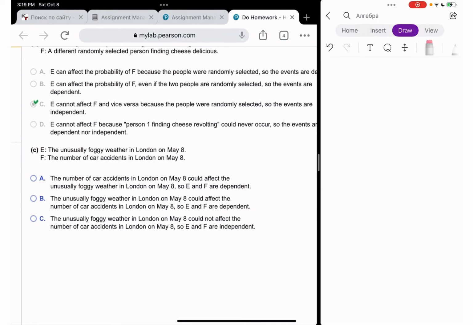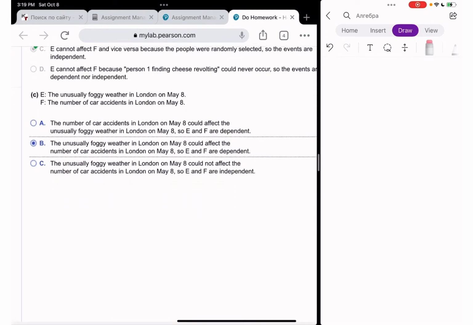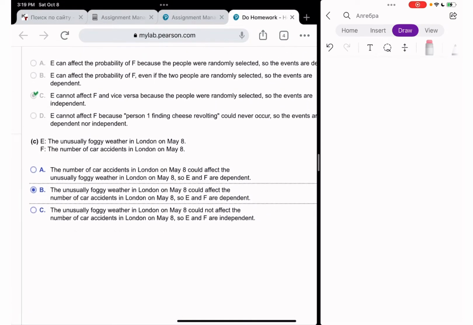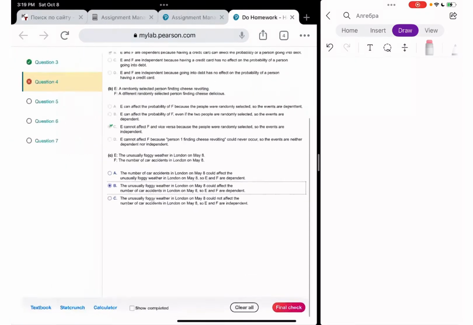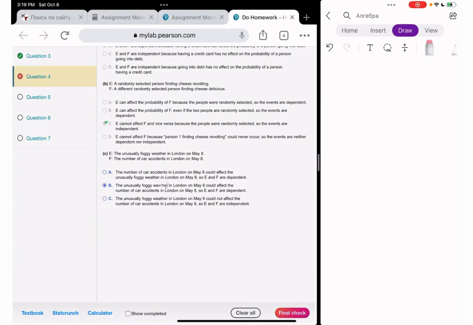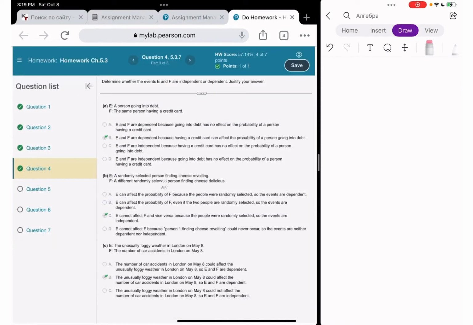In London, the number of cars could affect the unusually foggy weather. No, the opposite. The unusually foggy weather in London on May 8th could affect number of car accidents. So they are dependent. That's a B.